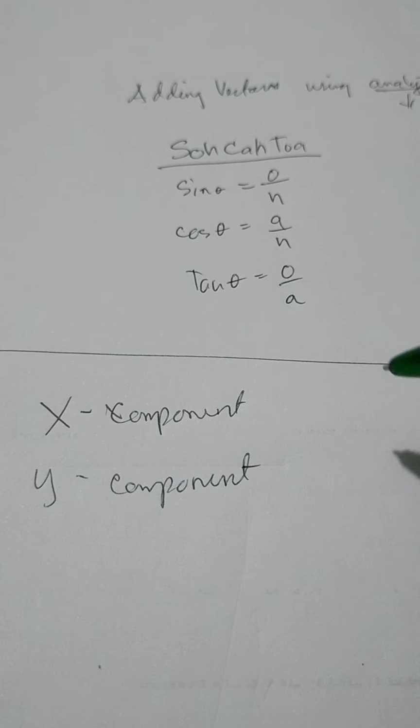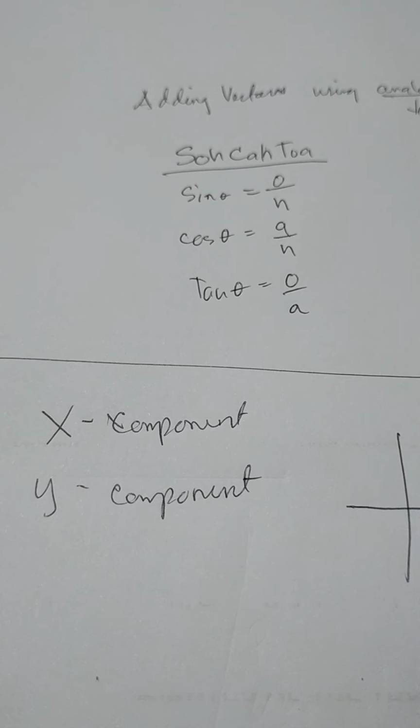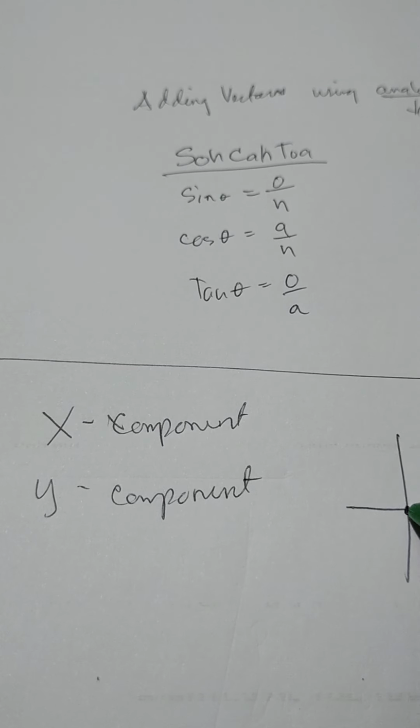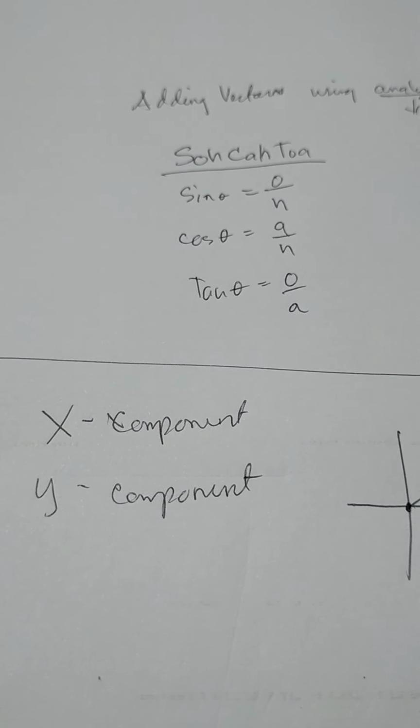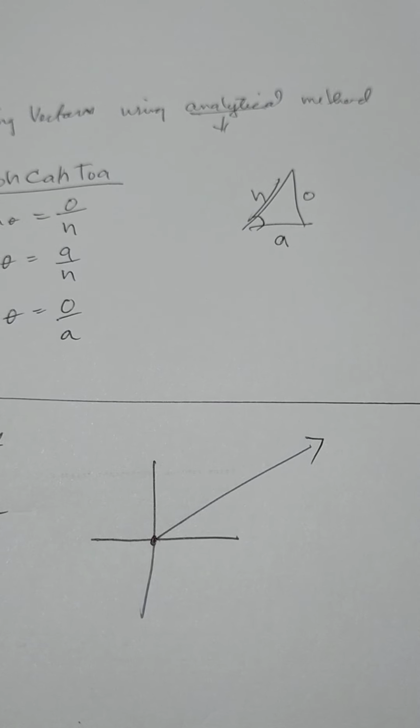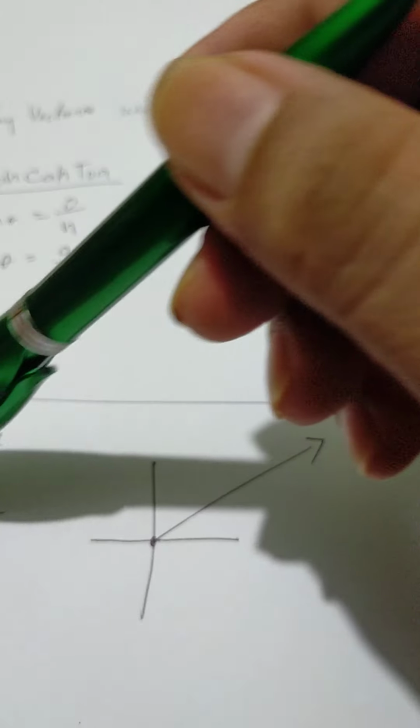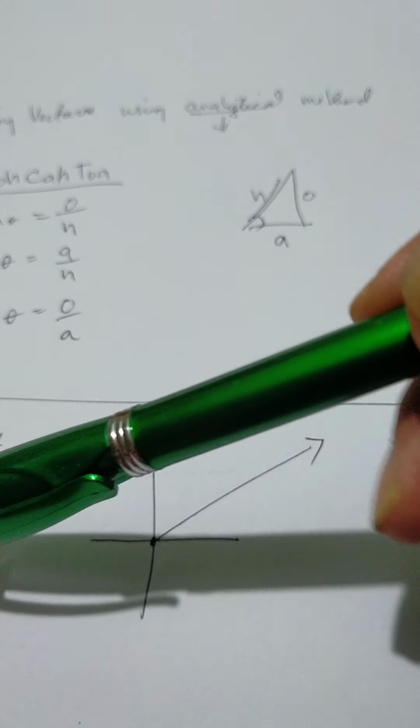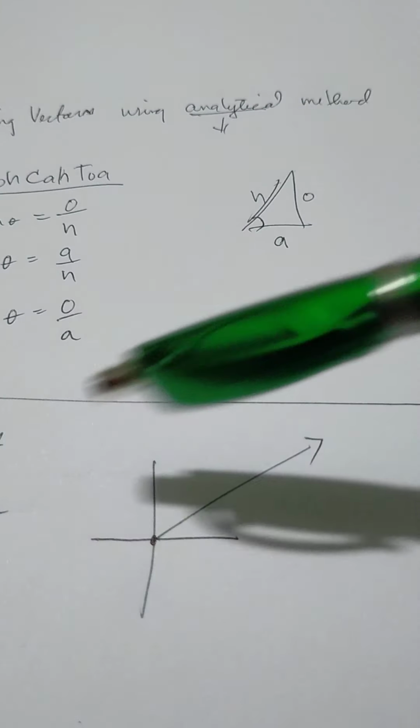For example, if this is the Cartesian plane and this is the origin, and you are pulling a table, the rope acts like this at an angle.